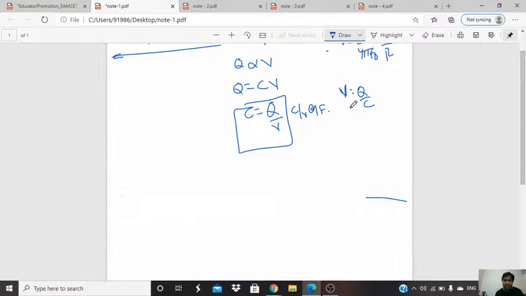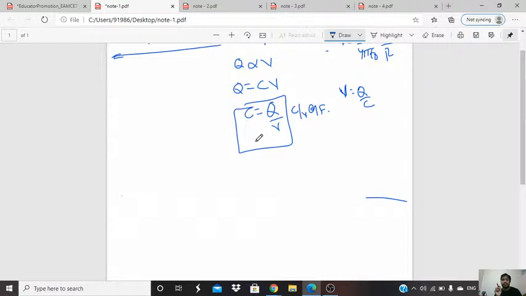Generally, different shapes and sizes of water tank can store different volumes of water. Similarly, depending on the shape of the capacitor, the storage of charge will change.